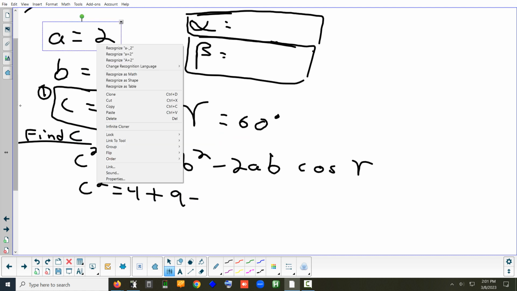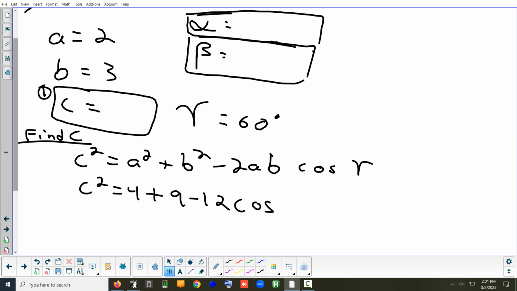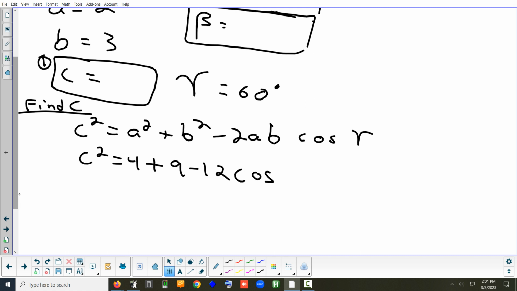So 2 times 2 is 4 times B. What's 4 times 3? 12. So that's 2 times 2 times 3. It's 12. Cosine. What am I filling in for gamma? 60.